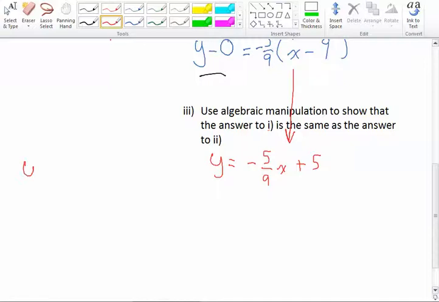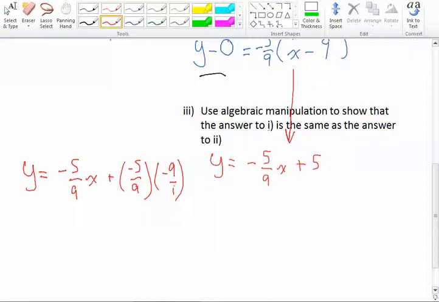So we'll have y is equal to, so I got negative 5 over 9 times x, and then I'm going to have plus negative 5 over 9 times negative 9, right? And that's using our distributive property, right? So now, think about this. I can make any integer into a fraction by putting it over 1.